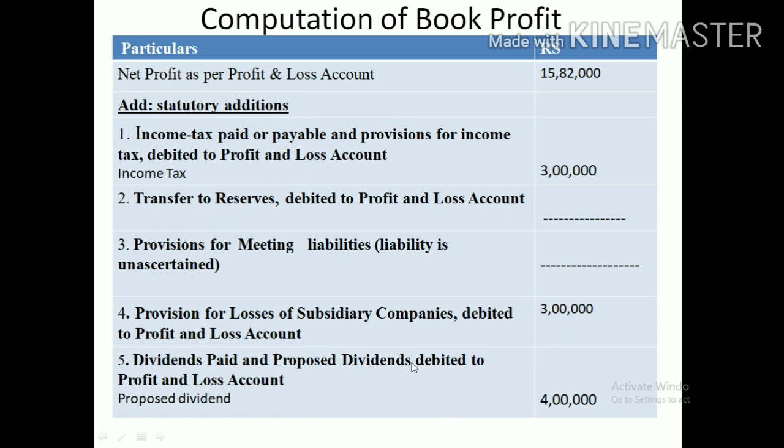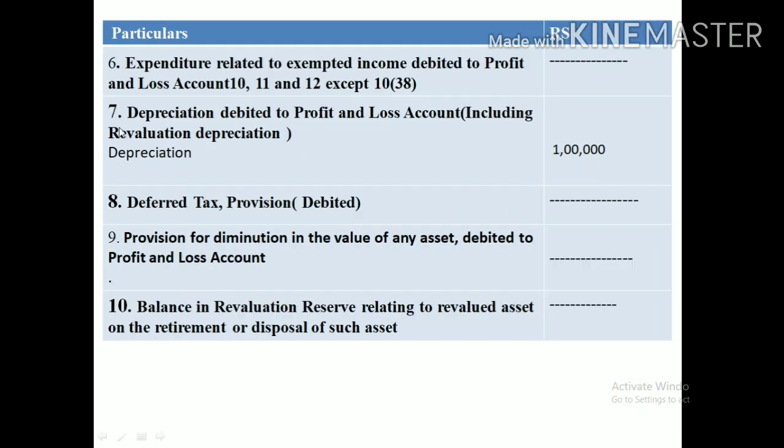Then dividends paid, proposed or interim dividend. In this problem we have proposed dividend on the debit side. How much is there? 4 lakh. That should be taken into account and added back. Next, expenses related to exempted income. Here we have one exempted income, section 10 subsection 34.